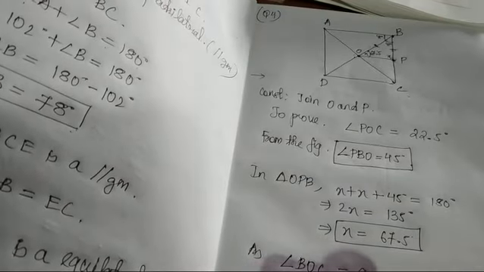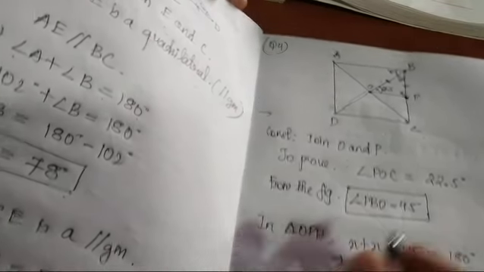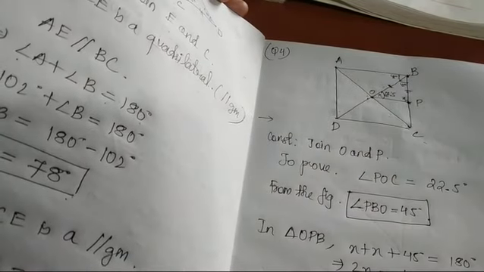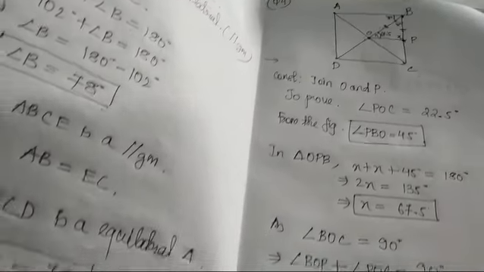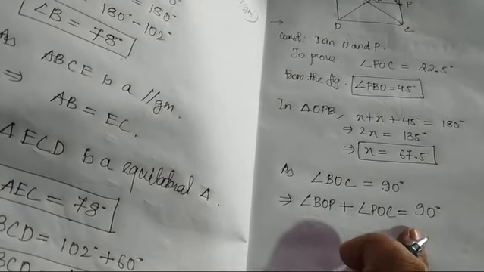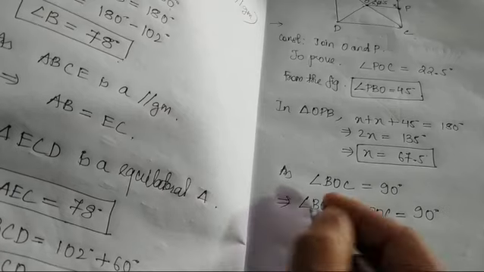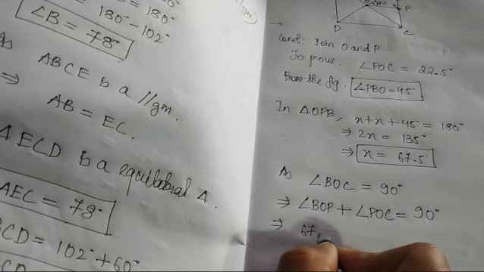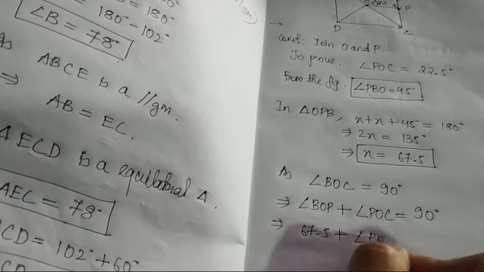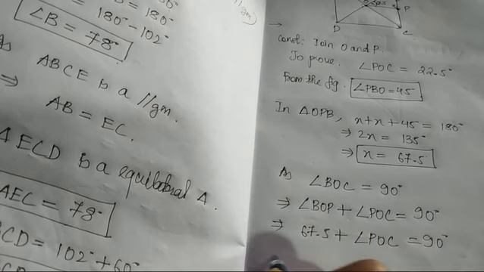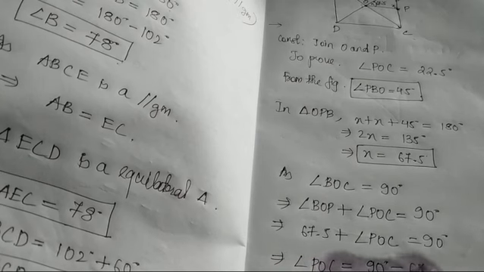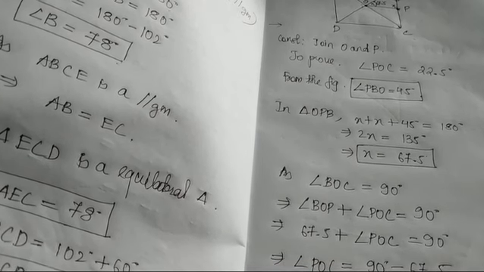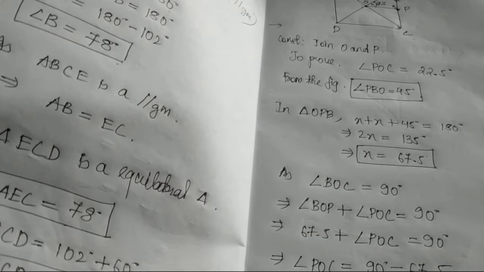But in BOC, we have angle BOP plus angle POC. Angle BOC is the sum of BOP plus POC. Please relate from the figure. Angle BOP we have got 67.5, and POC we need to find. If you subtract, 90 minus 67.5, angle POC will be 22.5.